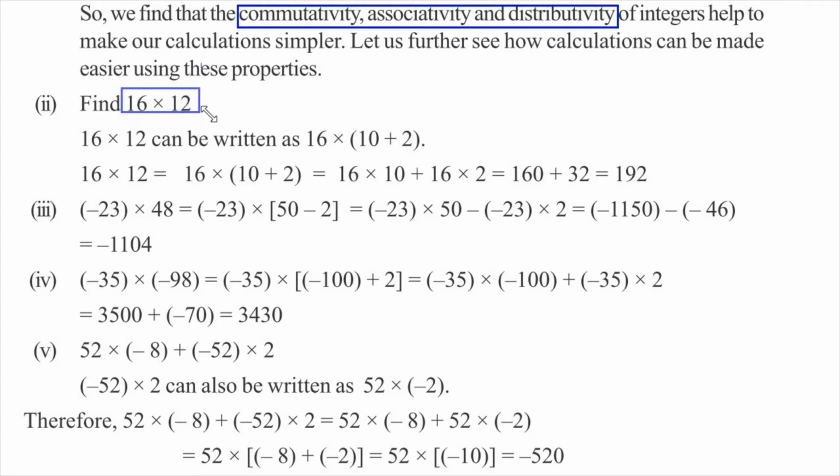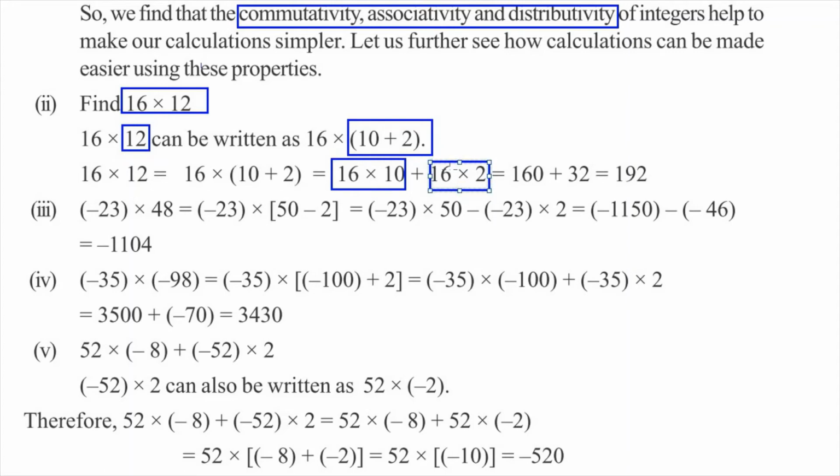Instead of finding 16 into 12, we are rewriting 12 as 10 plus 2. So 10 plus 2 is equal to 12. We can rewrite 12 as a group of 10 plus 2. Then instead of directly finding the product, we apply the distributive law, or distributive property, they're both the same. When we apply it, we reduce 16 into 12 into one group of 16 into 10 and 16 into 2.